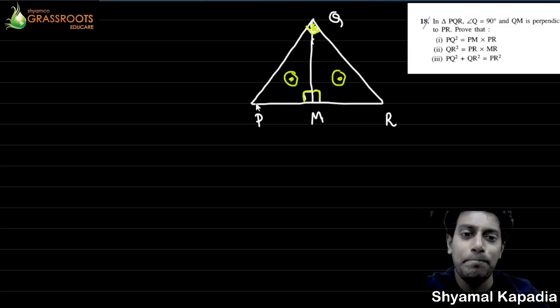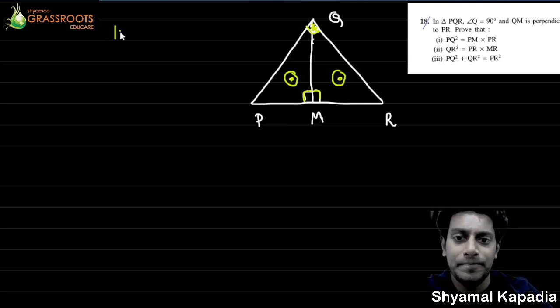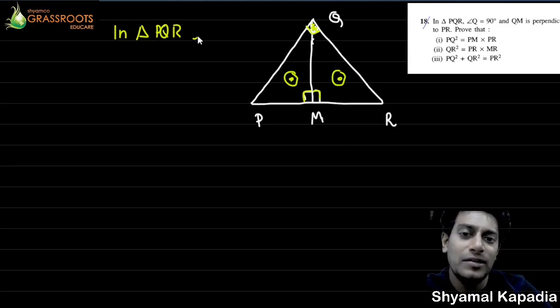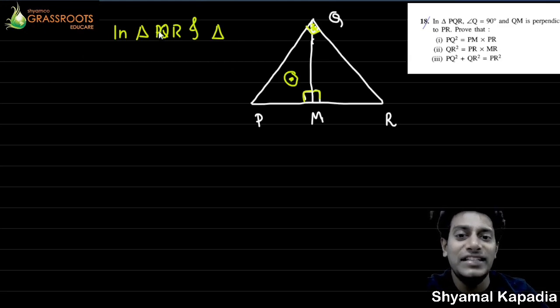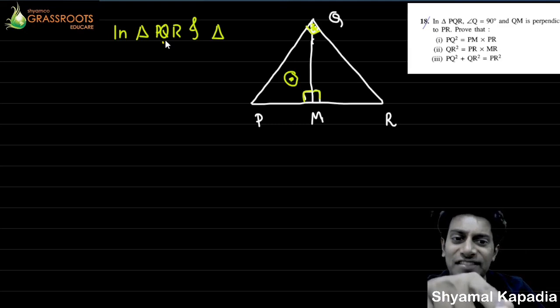In triangle PQR, let's name the big triangle instantly. In triangle PQR and the triangle on the left, focus on the left side small triangle. Now you only help me out, please help. In this big triangle, who is 90? Q. Q is 90. In the small left triangle, who is 90?